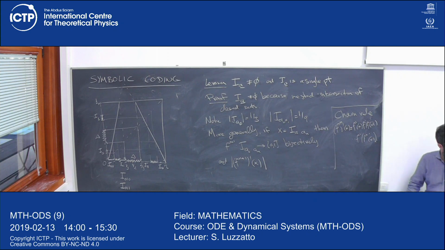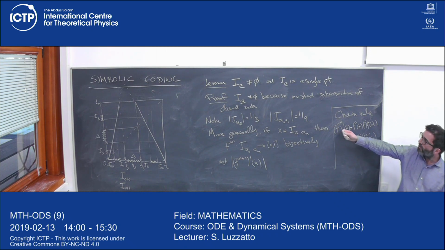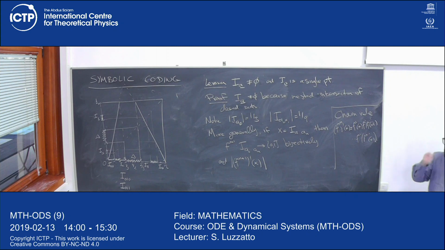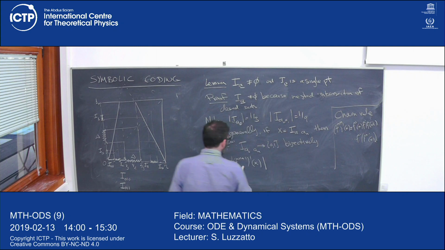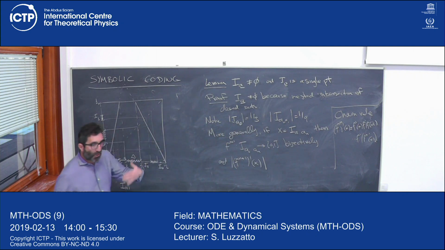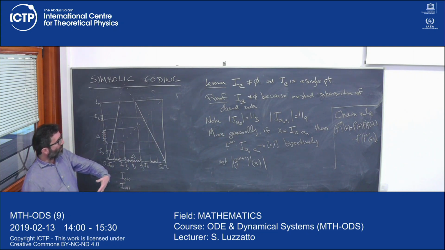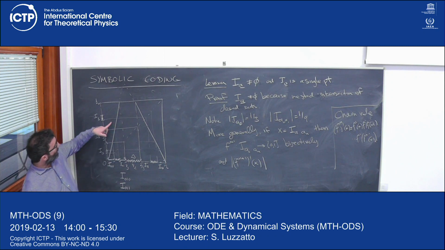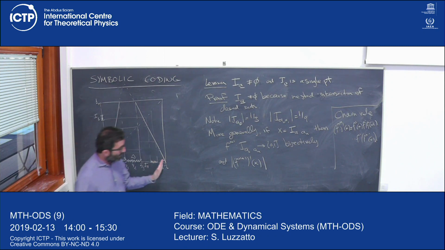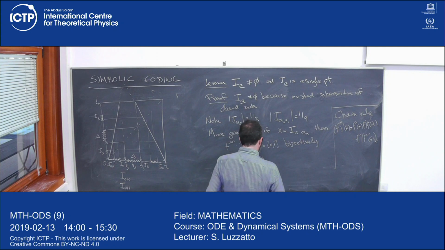The derivative is just the product of the derivatives along the orbit, because Fn is just a composition. This chain rule is not usually written like this because you have f composed with g, but when f is the composition, you can check that that's what it means. Therefore, this derivative is just the product of the derivatives along the points of the orbit, and the derivative is always 3, either 3 or minus 3.